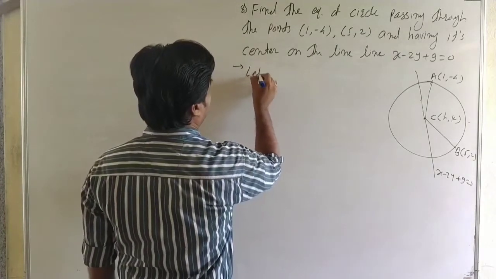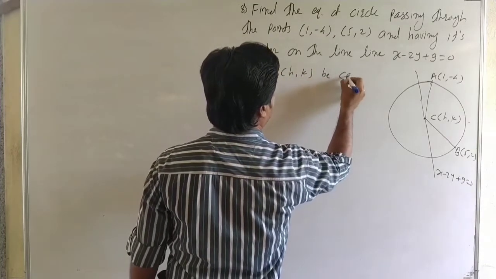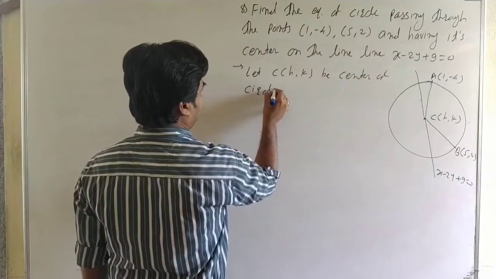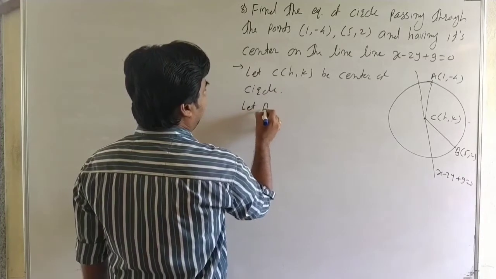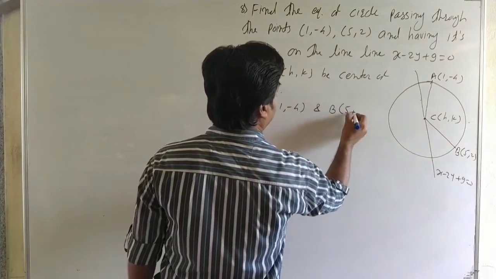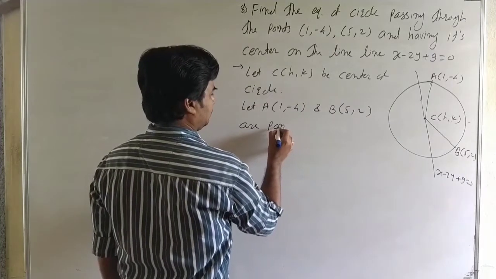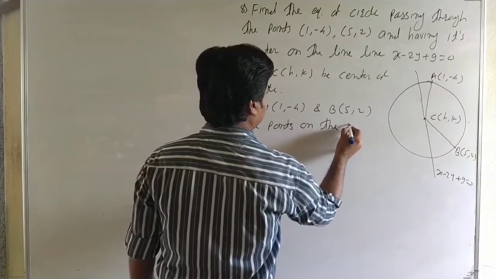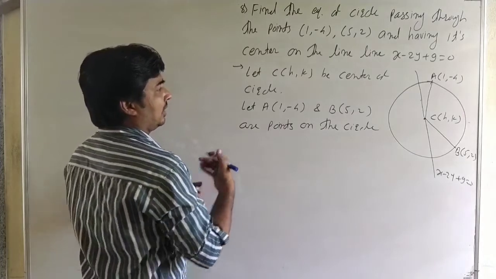Let C (h, k) be the center of the circle, and A (1, -4) and B (5, 2) are points on the circle.